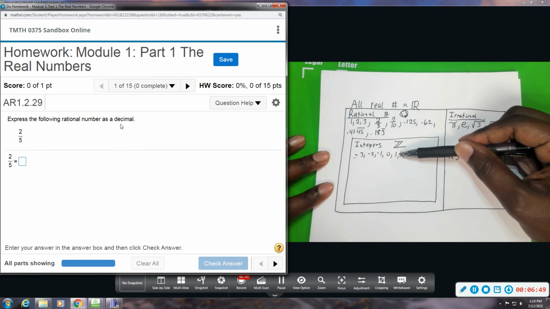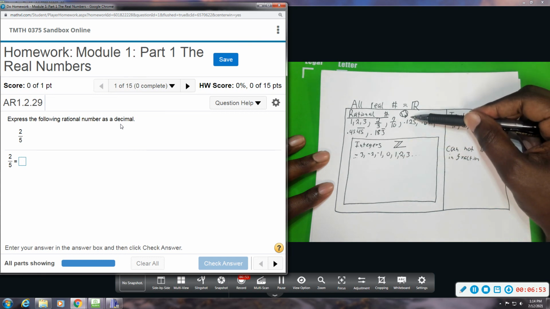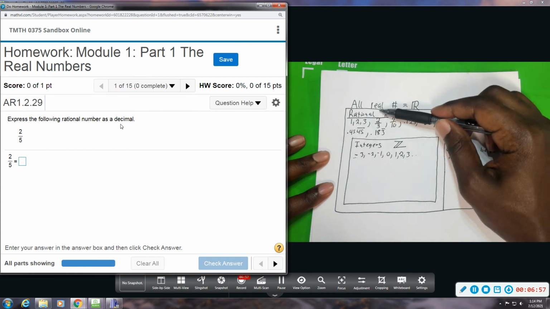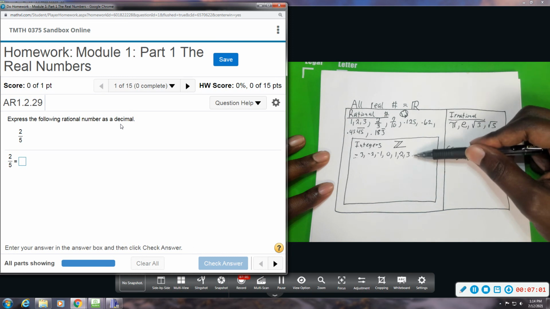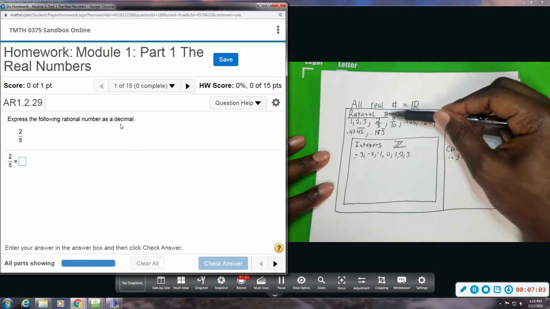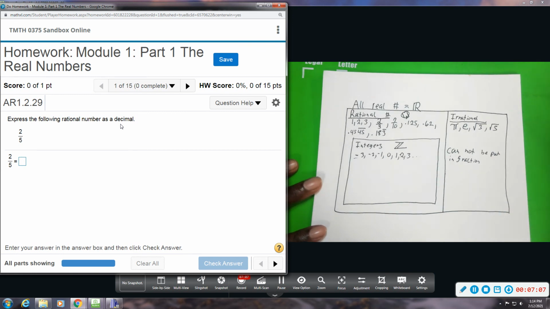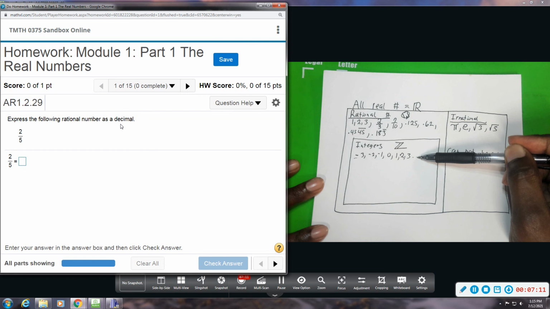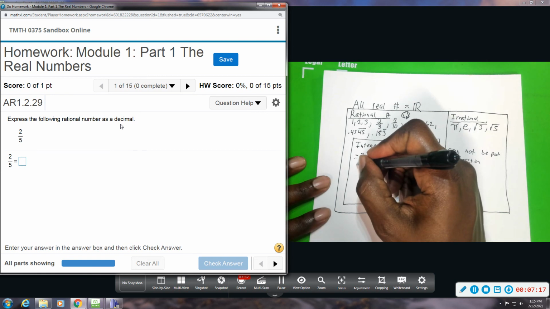So not everything in the group of rational will be in the group of integers, but everything that is in the integer group is definitely in the rational group because it's contained in this box. Okay, I kind of said that backwards. Okay, so once again, not every rational is an integer, but every integer is rational. Okay, it's a subgroup.